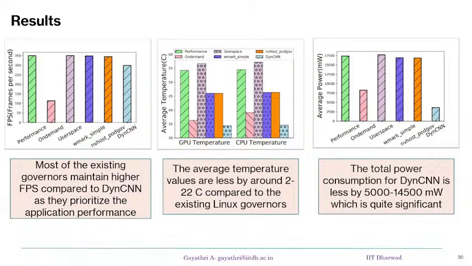What we are able to see is that we are successfully able to reduce the power consumption and the temperature, but we lose a little on the FPS because we are not always running at the highest FPS possible. But with whatever FPS we use, we try not to violate the deadlines. How is this possible? When you have very heavy traffic, the movement of the vehicles is very slow, so you don't need to process your frames at a higher rate.